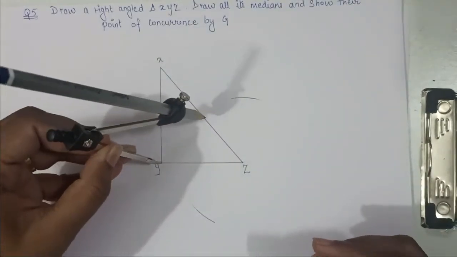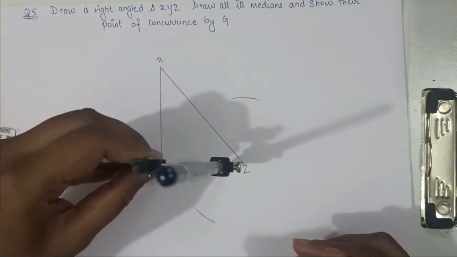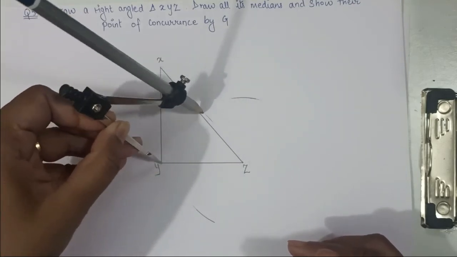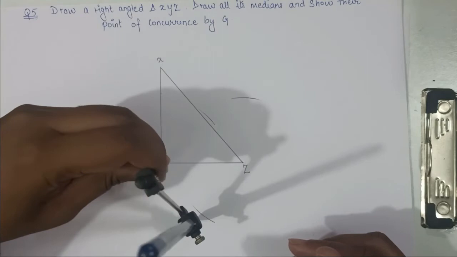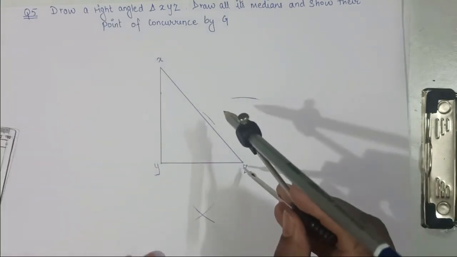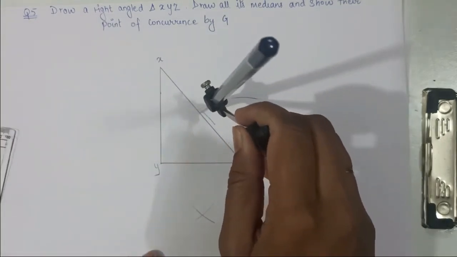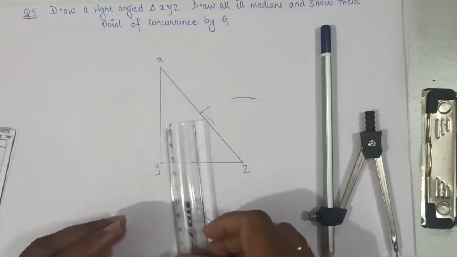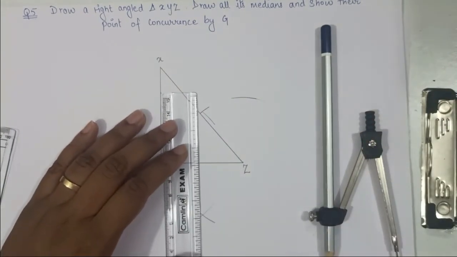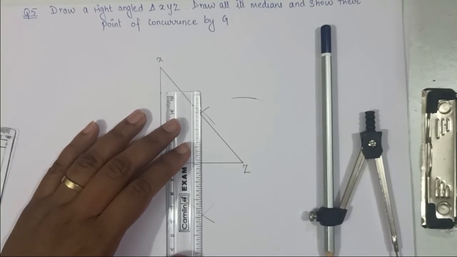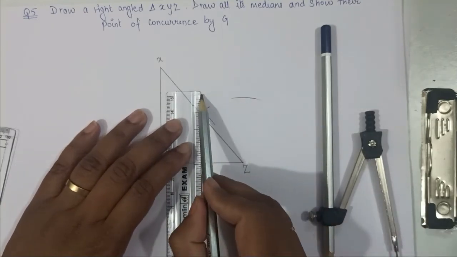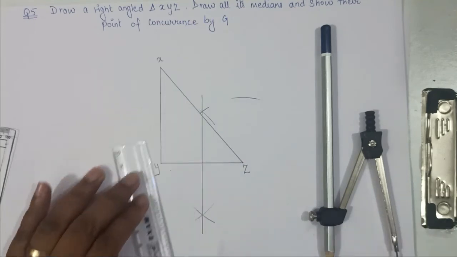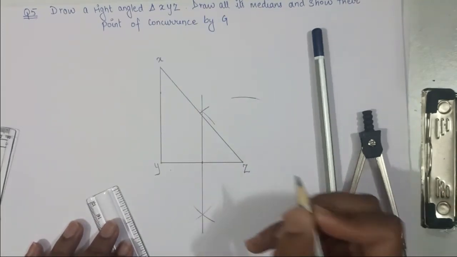From the opposite side, I'll draw a line which intersects each other, and then we get a midpoint.